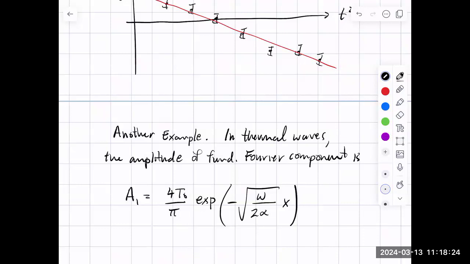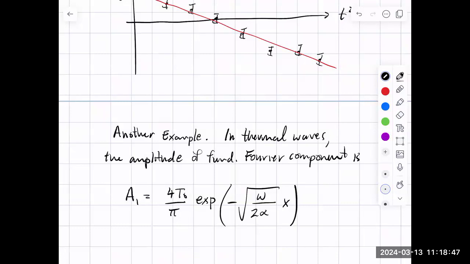So that's what x is, how far away you are from the heater. T0 is just the temperature at the heater when you turn the heater off and on. It's going to have some average temperature at the position of the heater, and so that's related to T0. Okay, so that's what all those things mean.